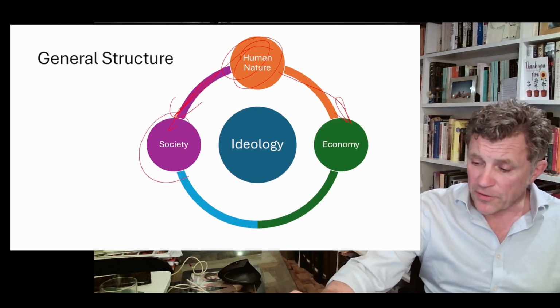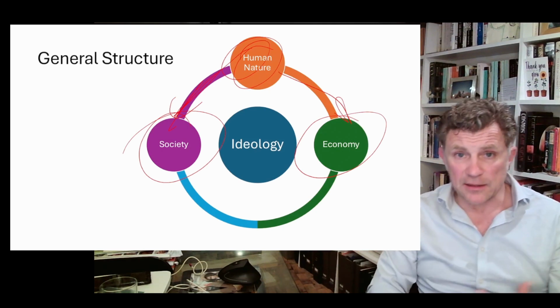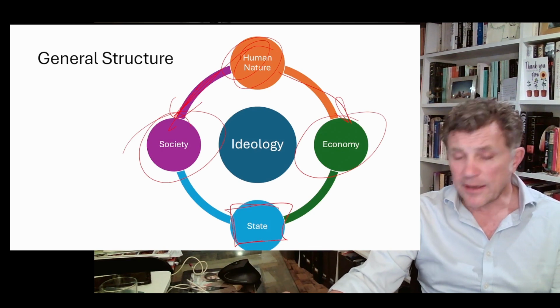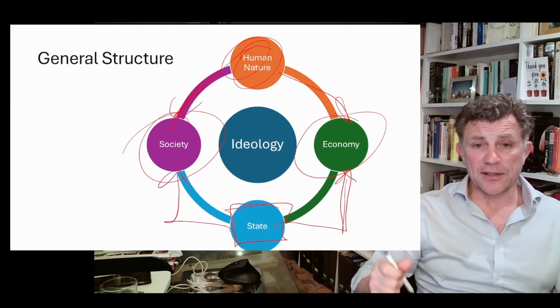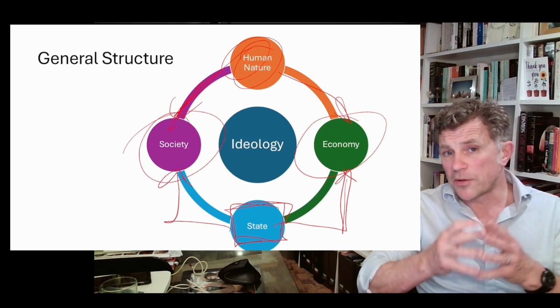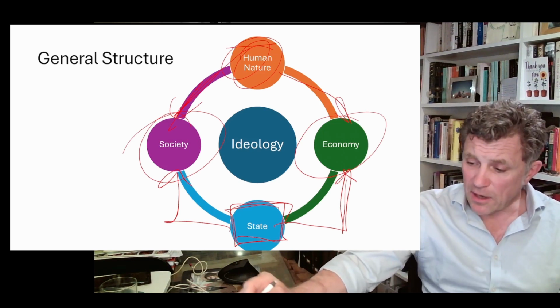Now, once you've got those dialed in, the next thing that follows is obviously the state, because the state's role is going to be defined entirely by the economy and society. So what the state does is entirely dependent on how your society and your economy are supposed to function. So we start with human nature.